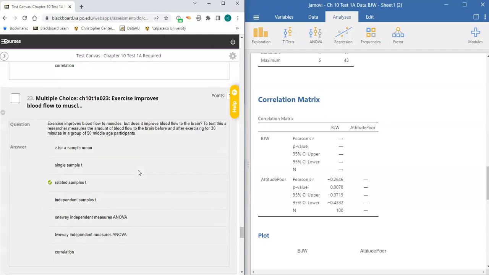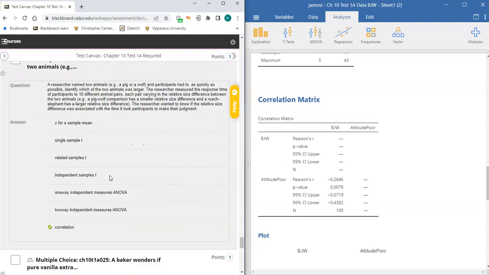Here is a related samples t-test, again, because we're measuring the same group of people twice. We're taking a measurement of blood flow before they exercise, then measuring the same people again afterwards, and so that's a related samples t-test.